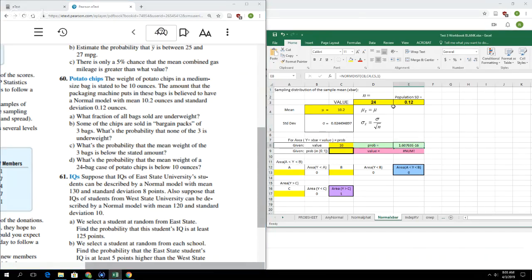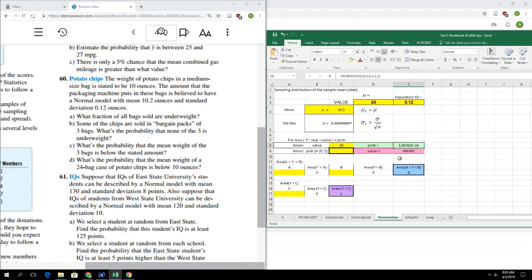We see that the sample size is continuing to cut down our standard deviation, meaning that our means will be more tightly clustered around the population mean, which means that it's even less likely to get a sample mean of less than 10. Think about that. It's more than 5 standard deviations below.